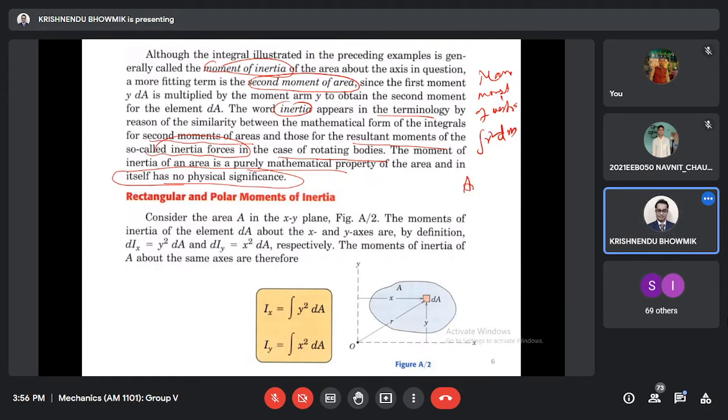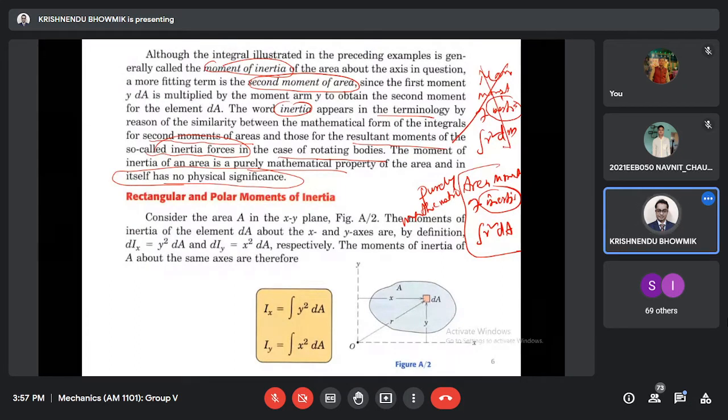Here it is area moment of inertia, say r square dA. The word inertia has been kept the same. Otherwise, this is purely a mathematical expression. There is no physical significance. Don't be confused between mass moment of inertia and area moment of inertia.